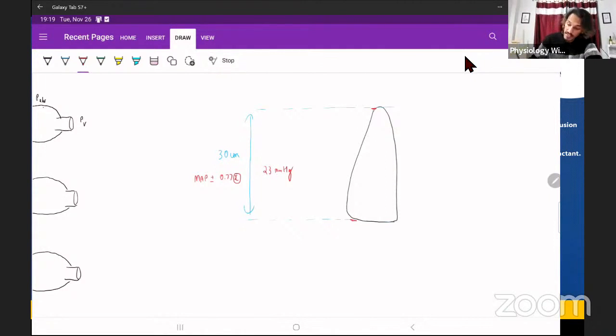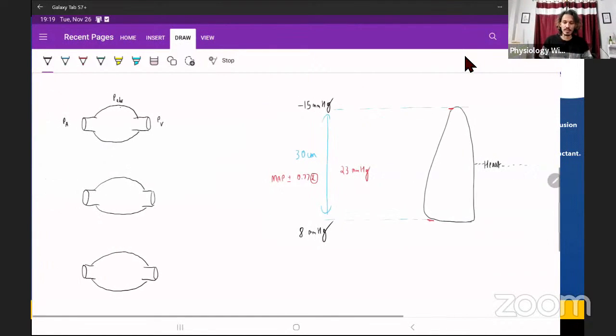So with respect to your heart level, on top, it is usually minus 15 millimeter of mercury, and down at the bottom, it is around 8 millimeter of mercury. So this is the difference in the pressure as you go up because of the effect of gravity.